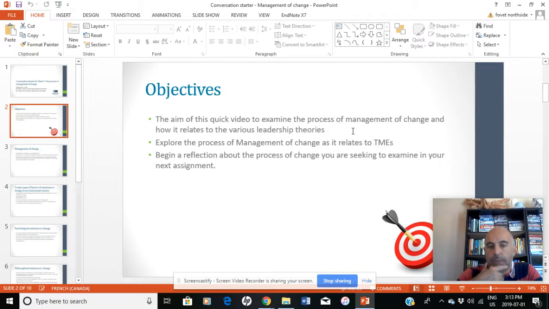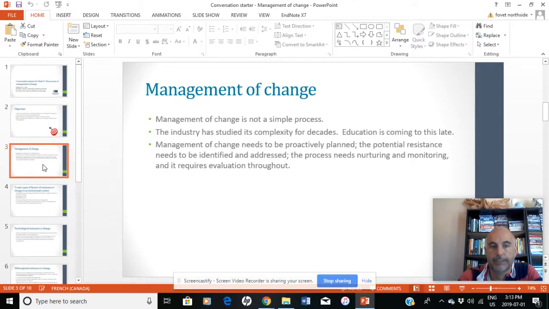Then I'd like you, during conversations this week, to look at the process of management of change as it relates to technology integration and TMEs, and then to begin your reflection towards your final assessment. So try and use all this discussion in a case study that you've prepared for your personal assessment assignment.